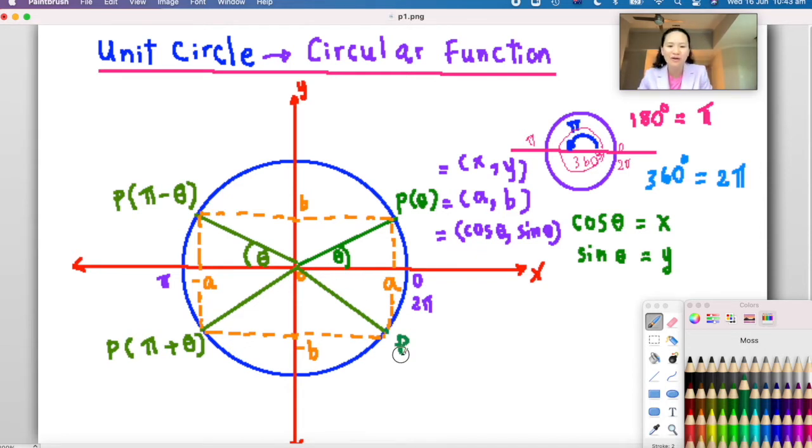So this point is 2 pi minus theta. Yes, that's it. Are you with me? Can we go together step by step? Don't forget that you need to write down with me as well.